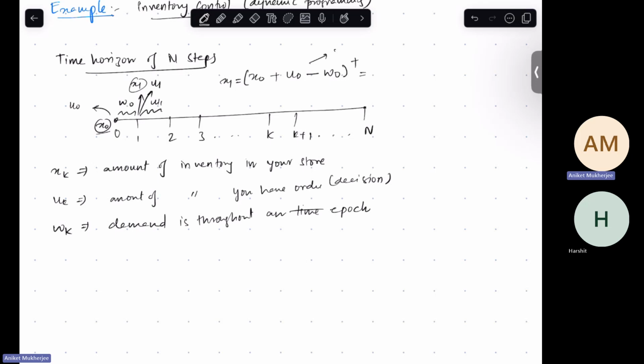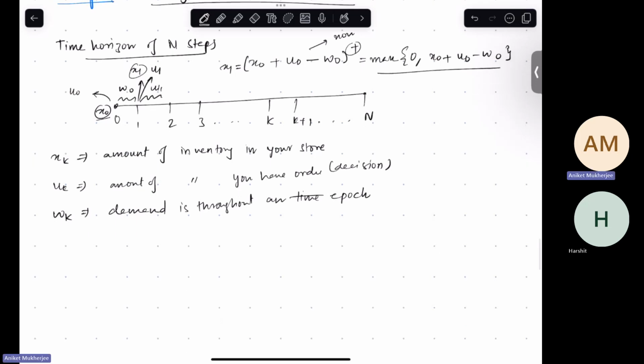This is a nonlinear dynamics, not linear because of this plus, and this plus is basically max of 0 comma x0 plus u0 minus w0. This is your dynamics. To just recap, this was your xk plus 1 equal to f of xk, uk, wk. This function was this for your inventory control problem.